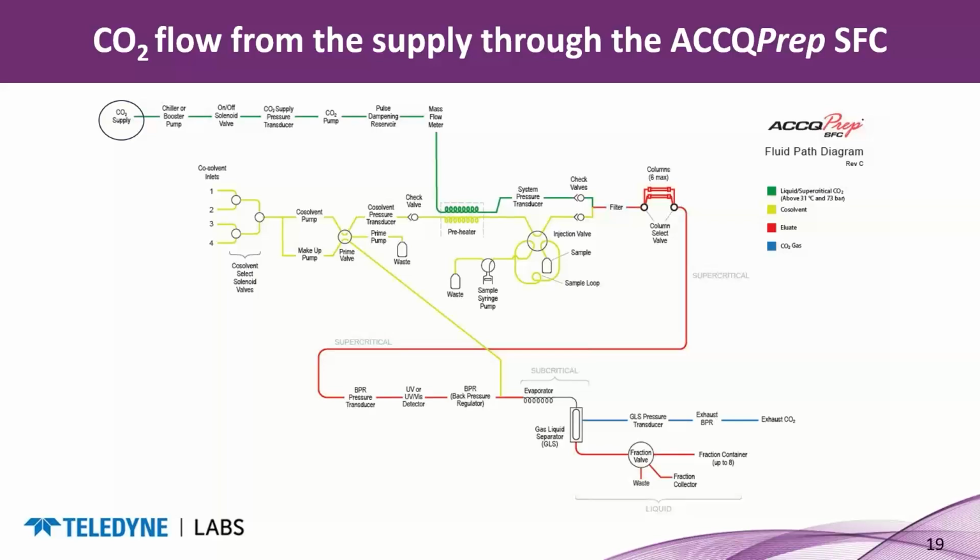In general terms, we usually start with, say, a 100 bar setting on the back pressure regulator. And then on the back side is where the GLS resides, and that's where we vent the CO2 to the exhaust system, and we collect our fractions in the co-solvent.